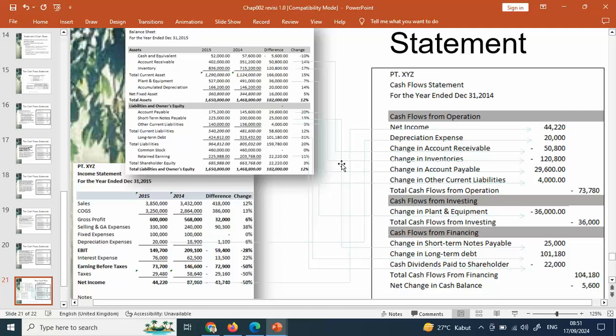So you are running out, minus 5.6, not positive. The company is having financial distress. No money. They need to borrow again from the bank to cover its operation and investment.